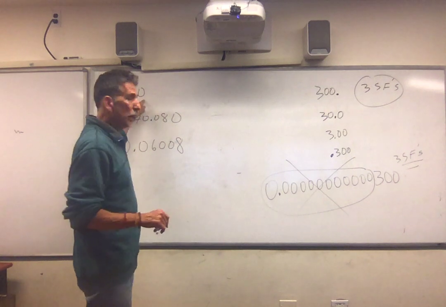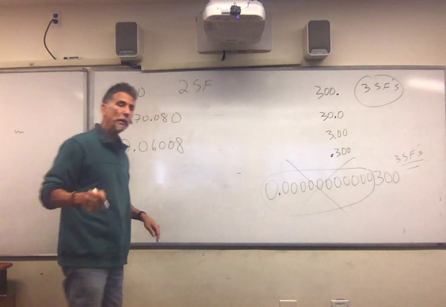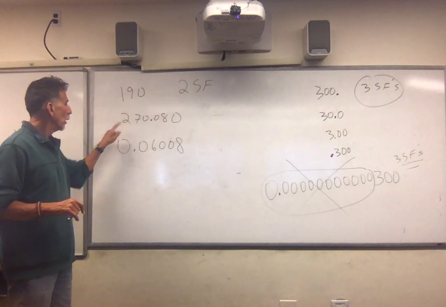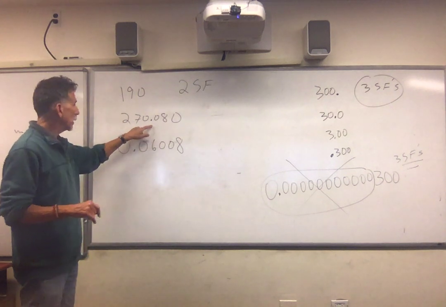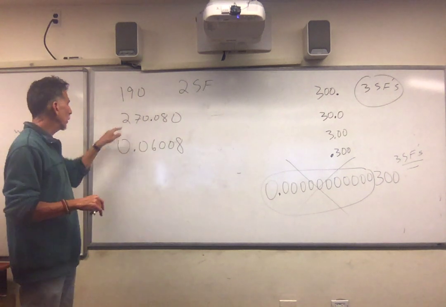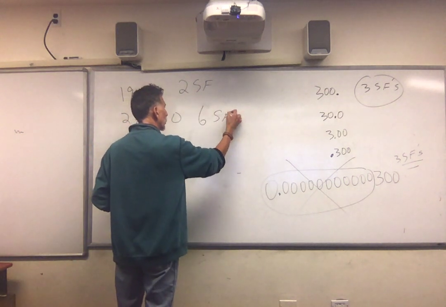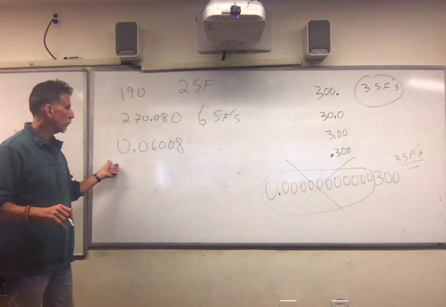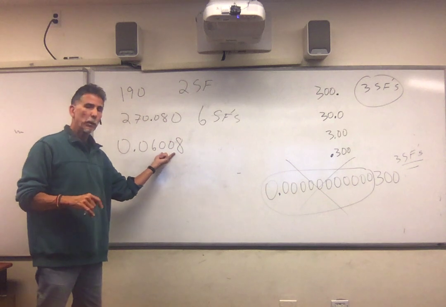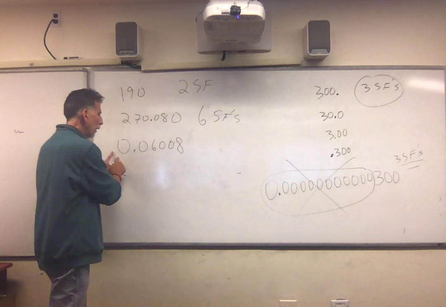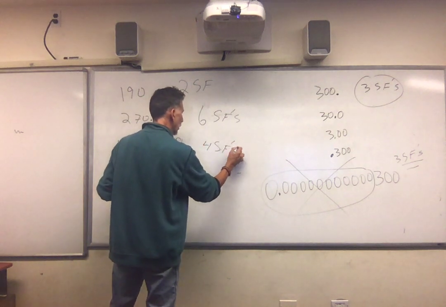So that 0 is not significant. This has 2 significant figures. Okay? Let's look at this one. There's zeros in between non-zero digits. There's a trailing 0, but there's a decimal. So they're all significant. 1, 2, 3, 4, 5. This has 6 significant figures. Okay? Let's look at this one. There's a decimal. There's no trailing zeros. There's zeros between. They're always significant. And zeros to the left are not significant. So this has 4 significant figures.